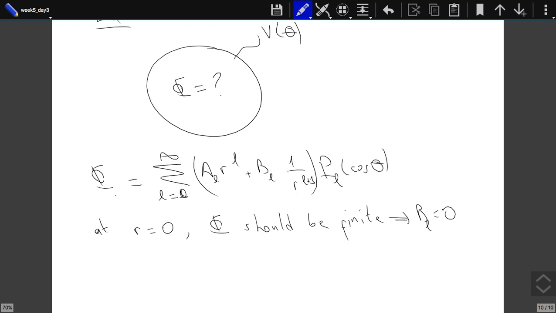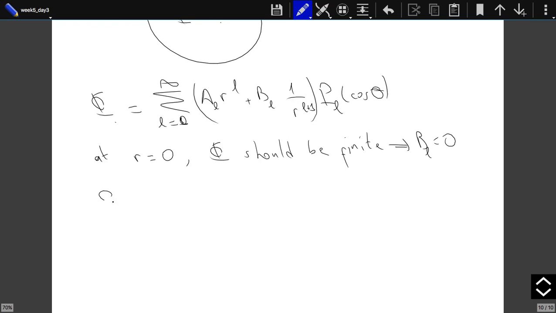Infinite is definitely a maximum. So I know my phi. This is my solution inside. I still don't know what the A_L are. But again, I didn't impose any boundary conditions yet, except that the potential should be finite.